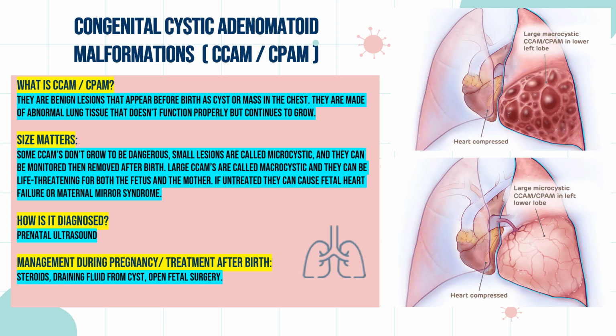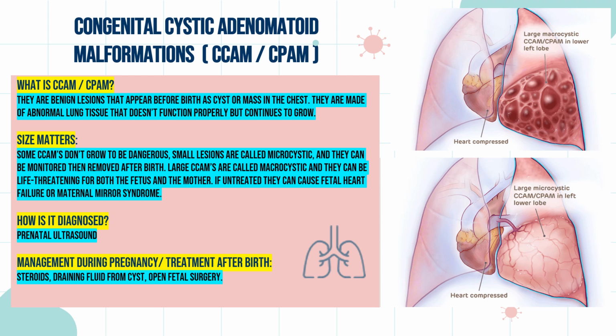Next, we have congenital cystic adenomatoid malformations, also known as CCAM or CPAM. What are they? They are benign lung lesions that appear before birth as a cyst or mass in the chest. They're made of abnormal lung tissue that doesn't function properly but continues to grow.